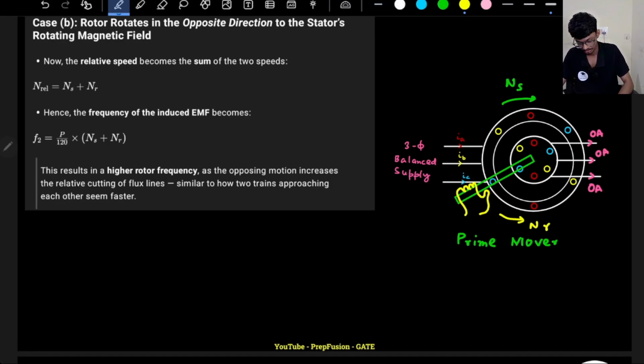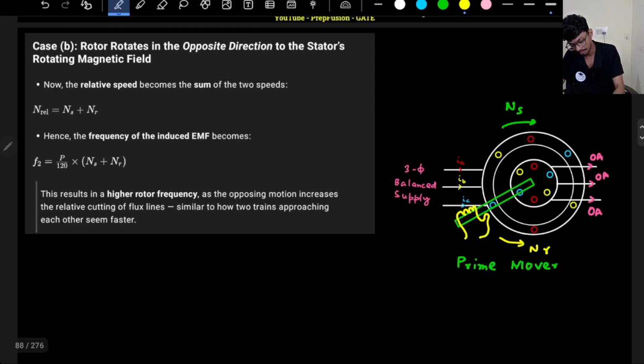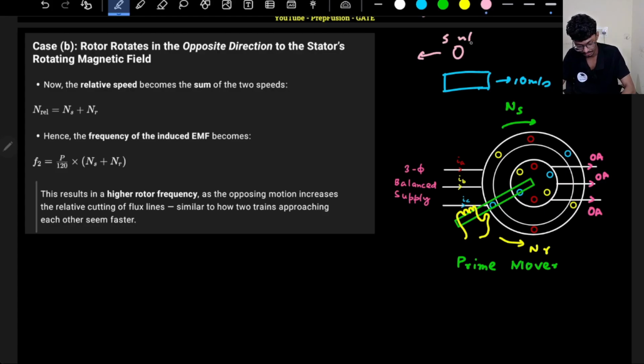I will take another analogy. Let me take a box moving at 10 meters per second on the right-hand side, and a ball moving at 5 meters per second on the left-hand side. Can you tell me what is the relative speed? For those who have already answered 15, you are correct.